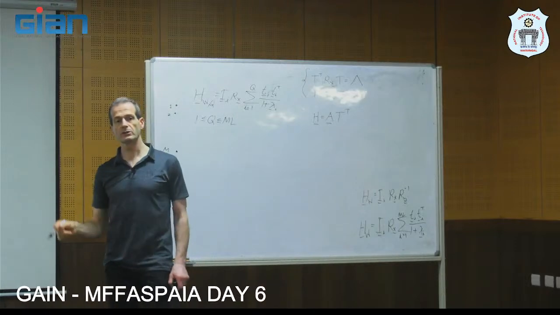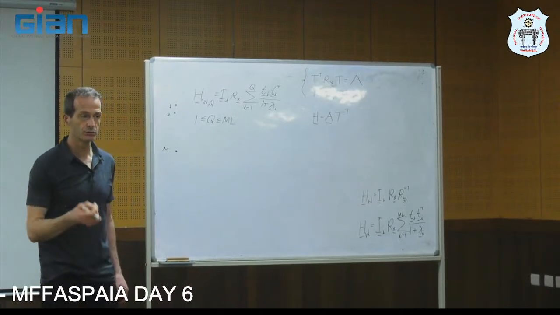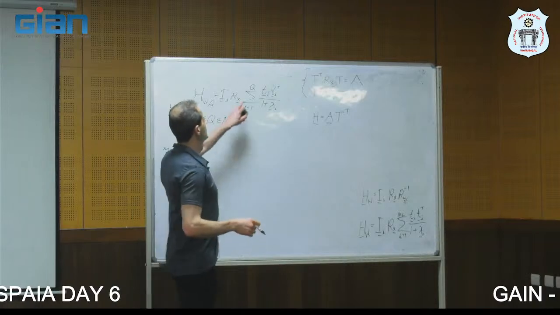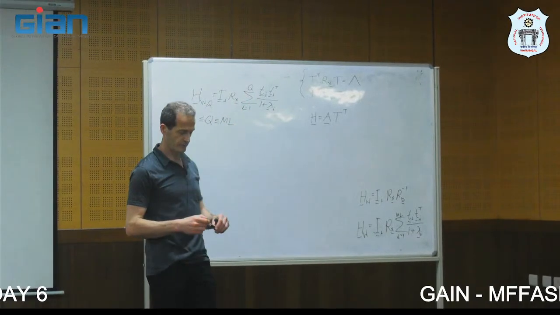Which is nice. And then we also saw an example of how the choice of Q controls this trade-off.